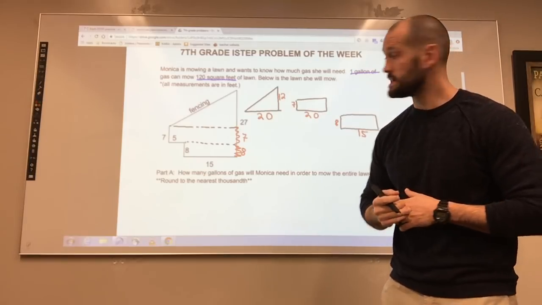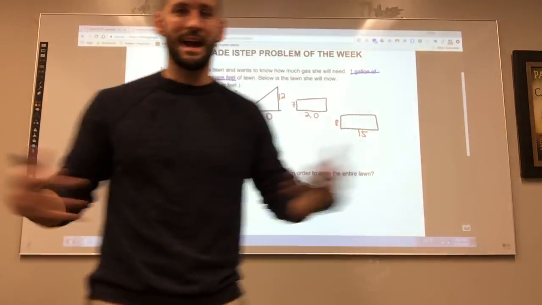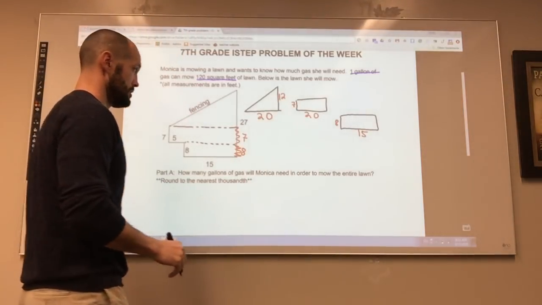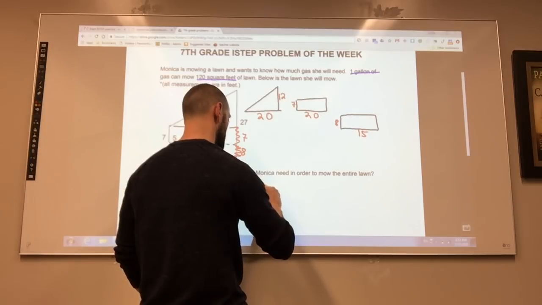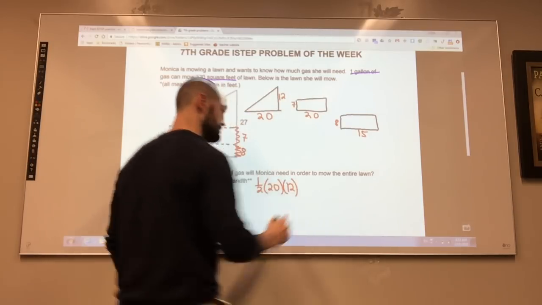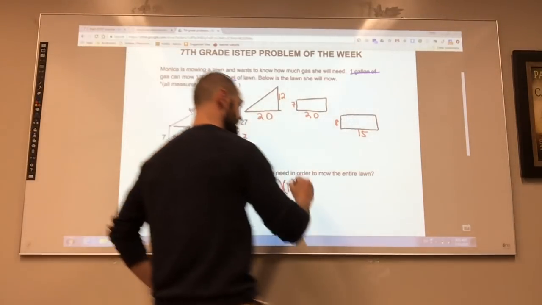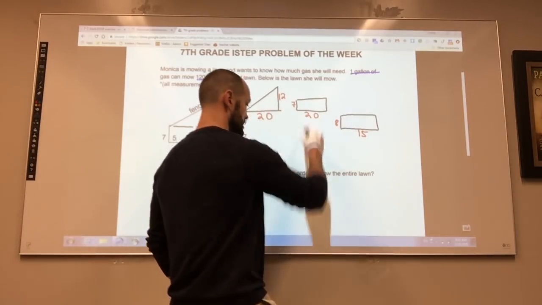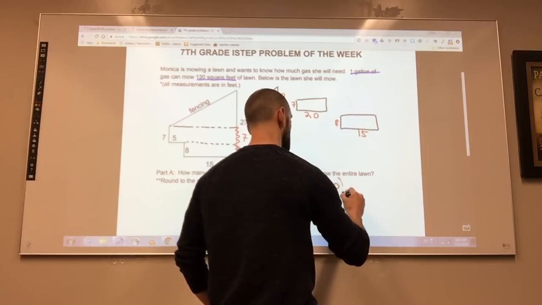Now let's put it together. Because this all does form one big shape, when I find my 3 areas, I have to add them together. So I'm going to take the area of the triangle is 1/2 base times height. That's my first shape right there. My second shape, I have to add is just length times width.